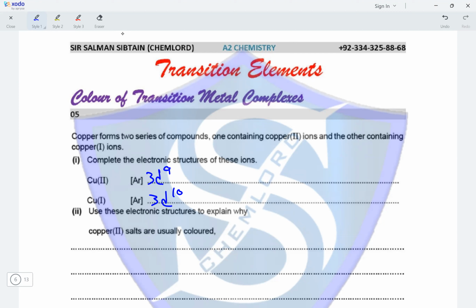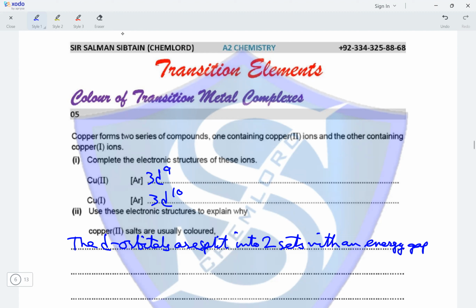Use these electronic structures to explain why copper 2 salts are usually colored. So the d orbitals are split into two sets with an energy gap between them.